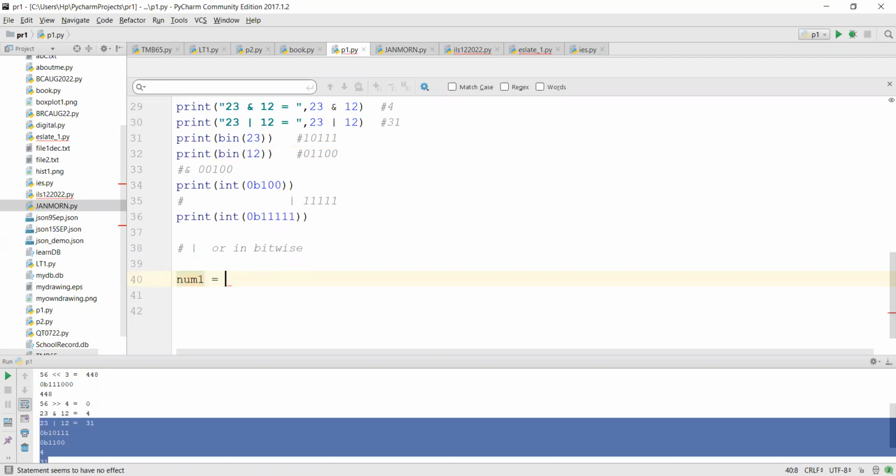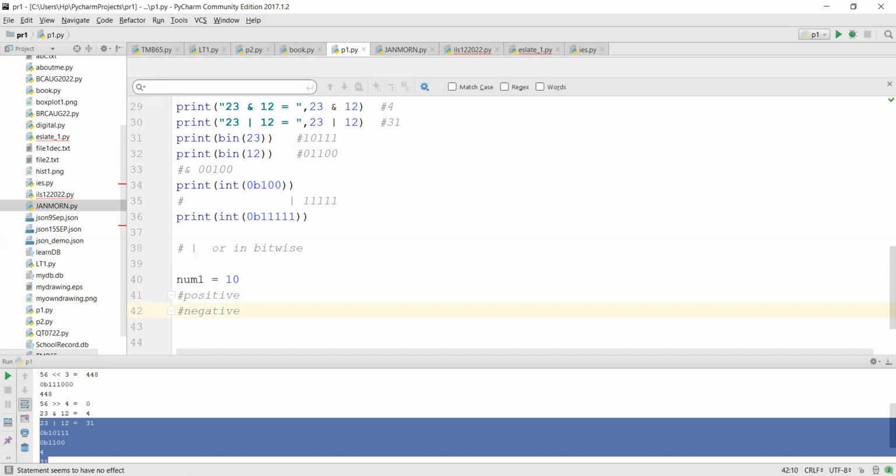And I want to say if this number is positive or negative. If I have to check whether this number is positive or negative, I have to print positive or negative, but not both at the same time. I have to check the condition.